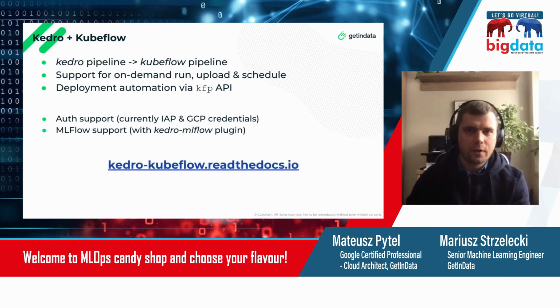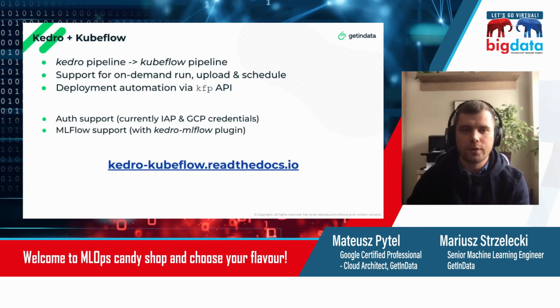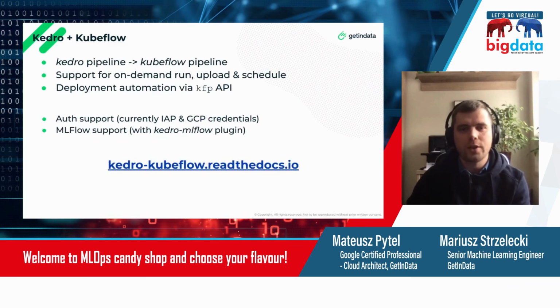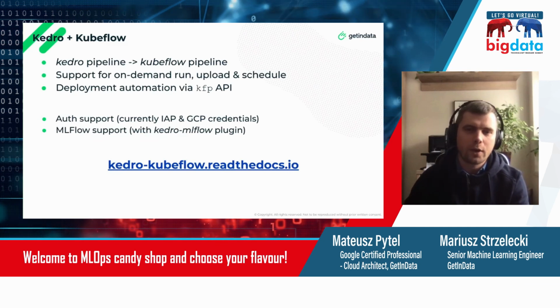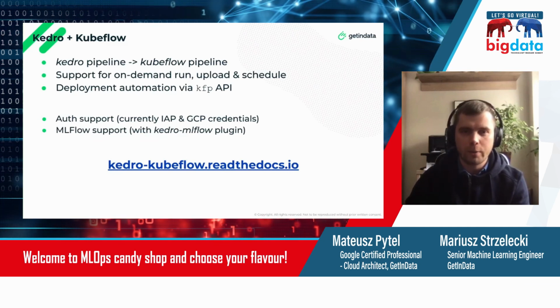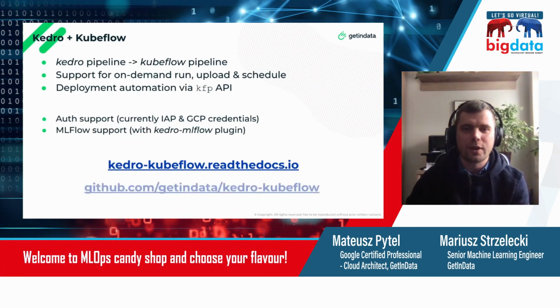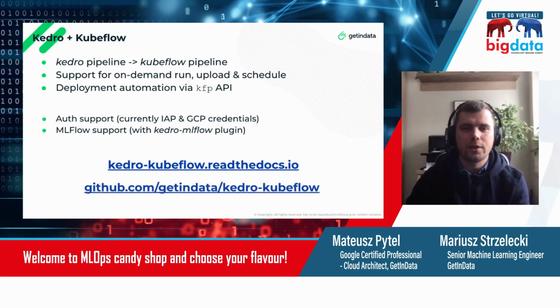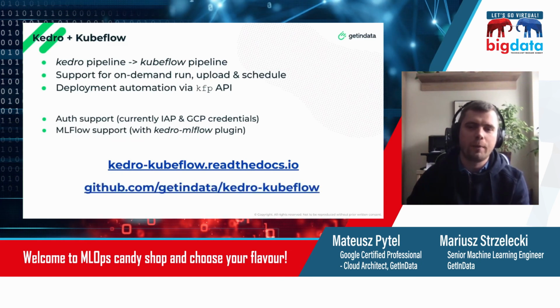If you are interested in the plugin, what it does, how to use it, please visit the documentation page, kedro-kubeflow.readthedocs.io. And if you are looking for the code base, or you are interested in potential contributions, have a look at the GitHub page, github.com/getindata/kedro-kubeflow.